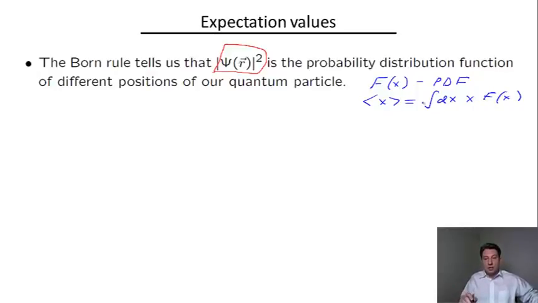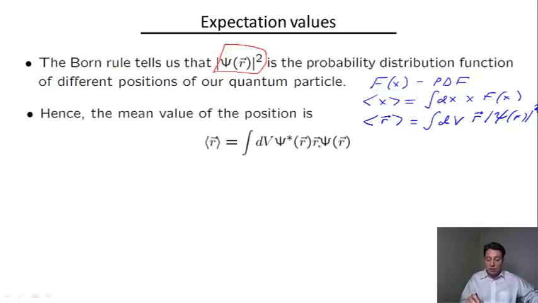So in full analogy with this, we can define the mean value of a three-dimensional coordinate by integrating the absolute value of the wave function squared, times the coordinate, over basically all three-dimensional space. There is a square here. This is a natural definition of the mean position. We can rewrite this definition as so, because the absolute value of psi squared, of course, is simply psi star times psi of r.